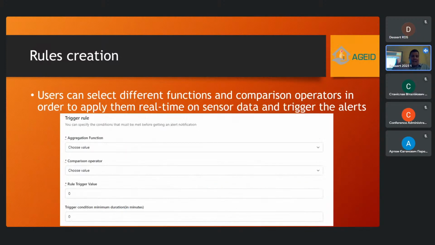And when you select the measurement, then you can apply some functions on the real-time data that this sensor or wearable gives you. We have some simple functions, count, sum, not something very difficult, and then we have comparison operators.